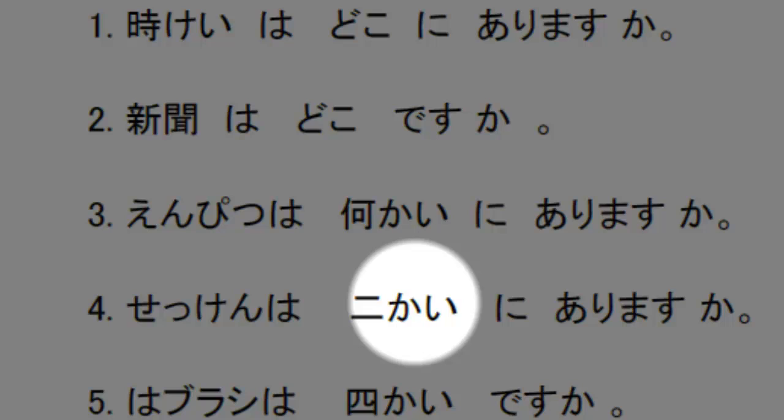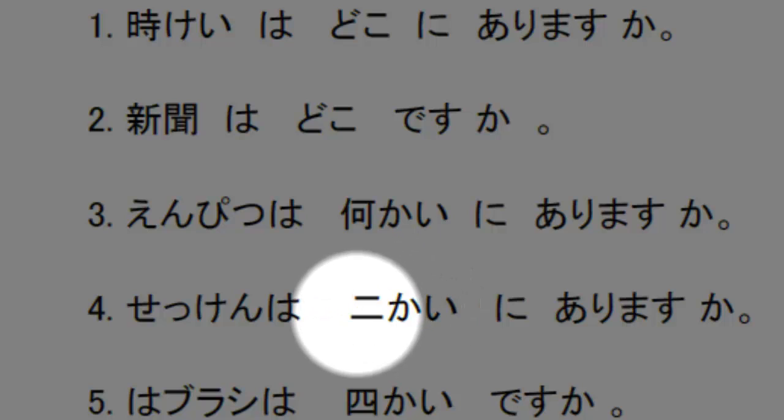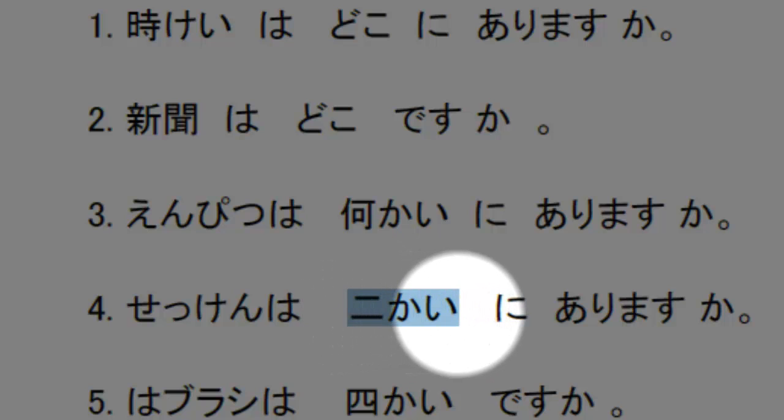Now in this case, there is actually no question word, it's simply a yes or no. So if you think it is, you would say hai, yes, and repeat the question but without the ka on the end, so it becomes a statement. And if that is not the case, you would say iie, no, and then you would repeat the question, but you would change, obviously, nikai for the correct floor. Okay, see if you can do the rest on your own.